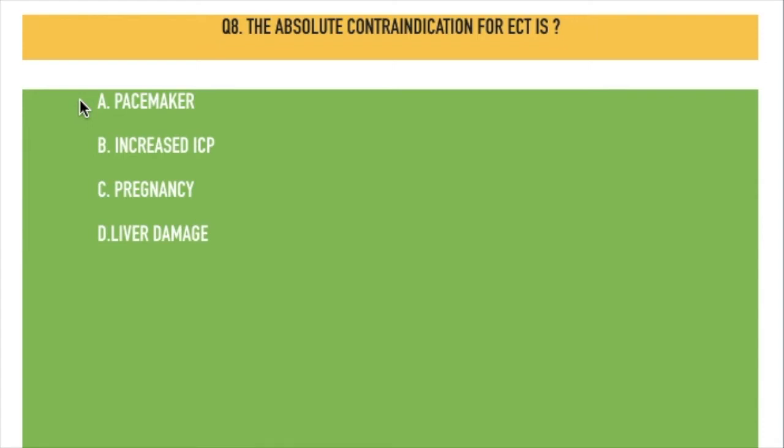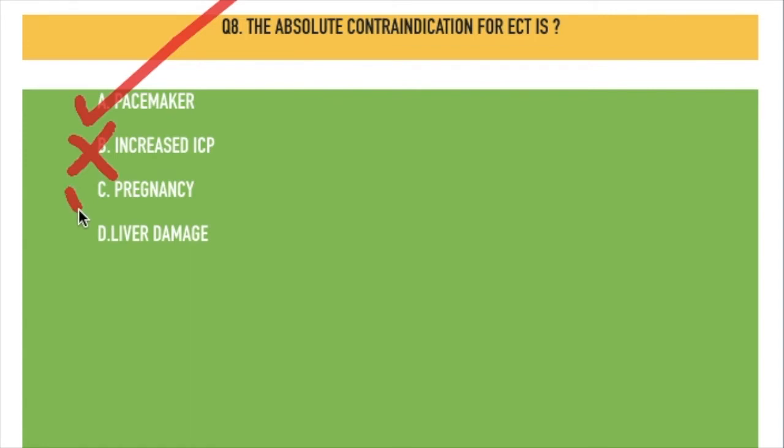We can give ECT to patients with a pacemaker. We can give. And option B, increased ICP. If the ICP is higher than a certain point, we can't give ECT to that patient. Option C, pregnancy.